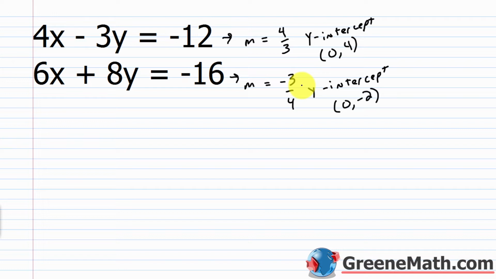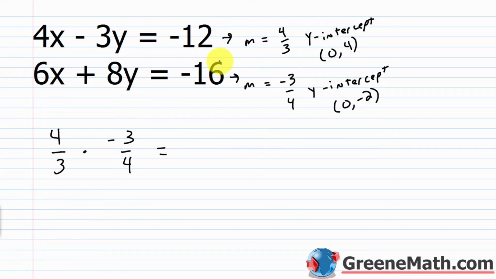Now, the next thing you would ask yourself is, are these lines perpendicular? Well, perpendicular lines have a property that tells us that the product of the slopes would be negative 1. So in other words, if I took 4/3, which is the slope for this equation here, and I multiplied it by negative 3/4, which is the slope for this equation here, I should get negative 1 if these two lines are perpendicular.